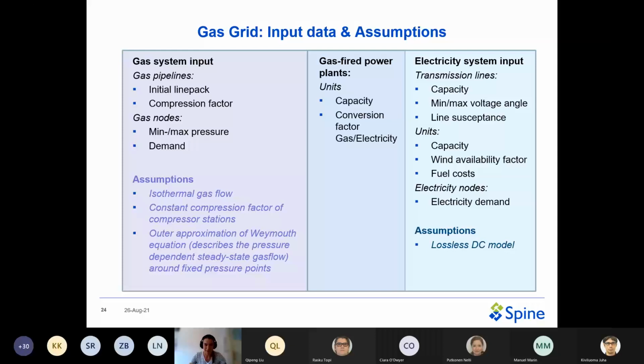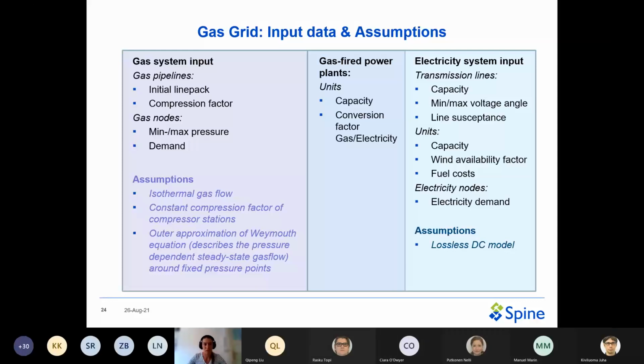And as we're all modelers, or let's say most of us are, we know that no model is perfect, and every time we are making some assumptions. In this case study, we have taken the following assumptions. On the gas side, we assume that we are isothermal and that we have a constant compression factor of the compressor stations. We are also not taking into account the fuel that those compressor stations consume.